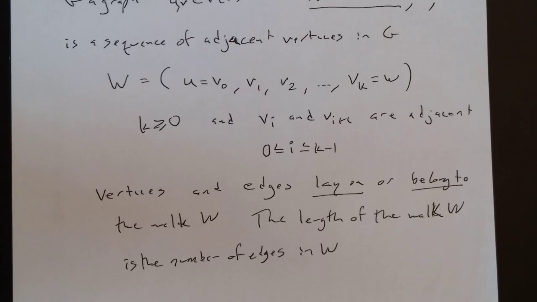This is commonly referred to as fence posting. If you need to make 5 10-foot lengths of fence, you need 6 posts. 0 to 1, 1 to 2. Aha. So I have a 0, I have k, that's the length of k. A walk of length 0 is trivial.